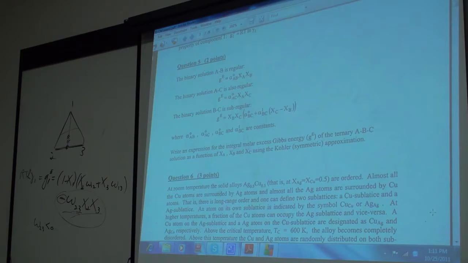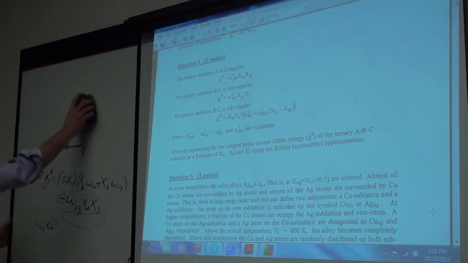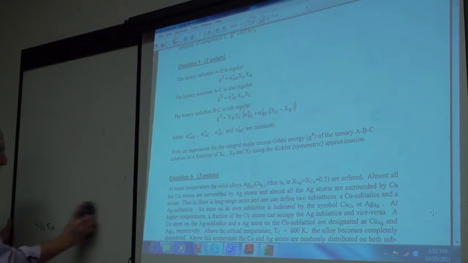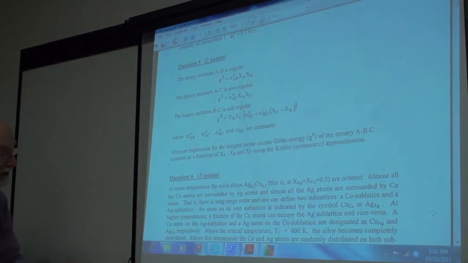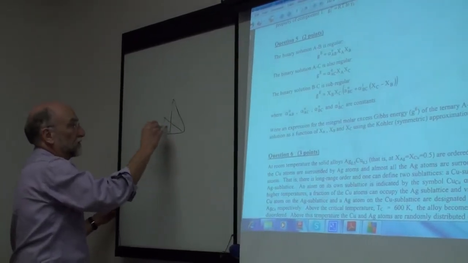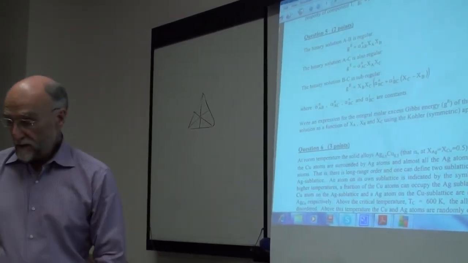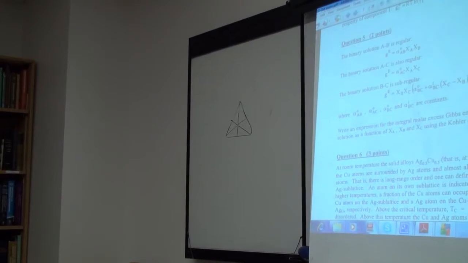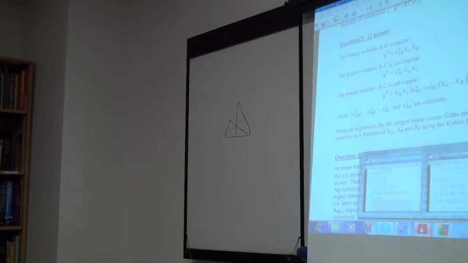Write an expression for the integral excess Gibbs energy of the ABC system using the Kohler approximation. So our Kohler approximation is constant along this line.